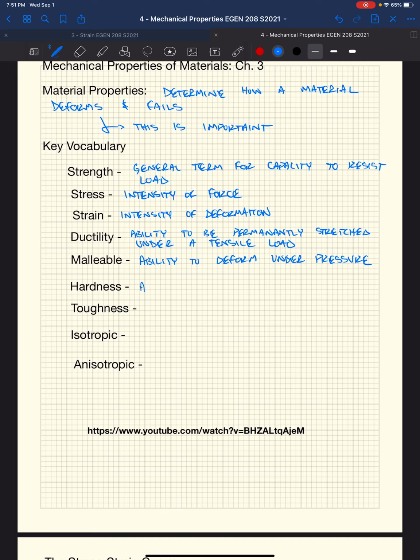Hardness: ability to withstand indentation. Toughness: ability to absorb energy.